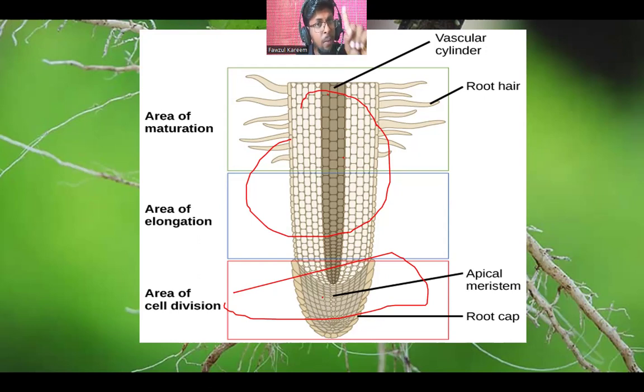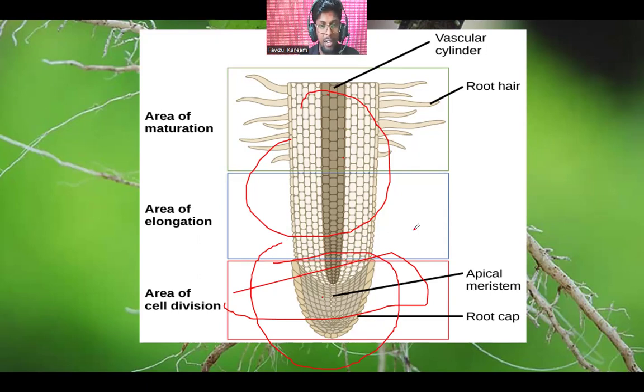the feature cell division. That is, here these tissues, what did they do? They show cell division, right? They produce new cells. They divide.